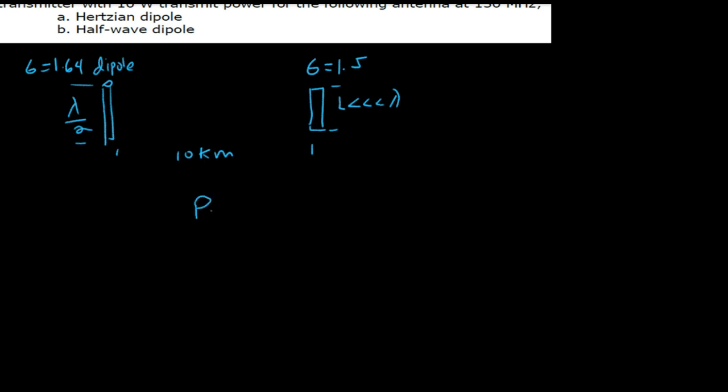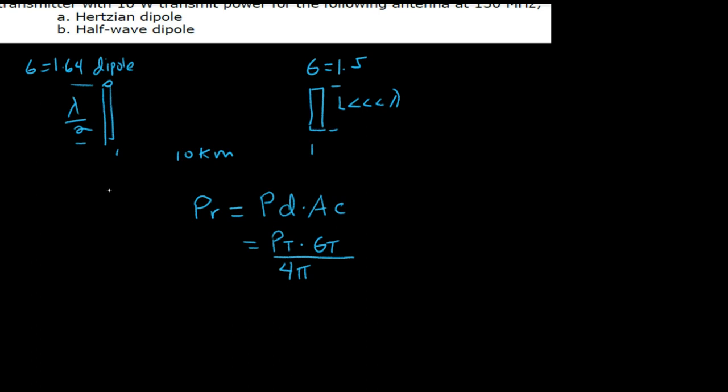PR is equals to power density multiplied by the captured area. Yung power density natin is EIRP, power transmit nung transmitting antenna natin, in this case, yung dipole. So, PT multiplied by the gain of the transmit antenna divided by 4 pi, yung distance, 10 kilometers.